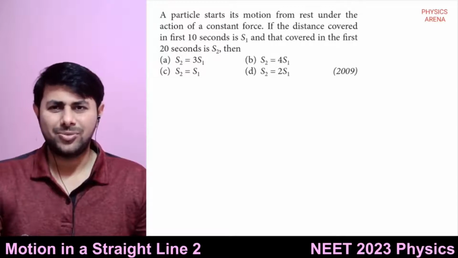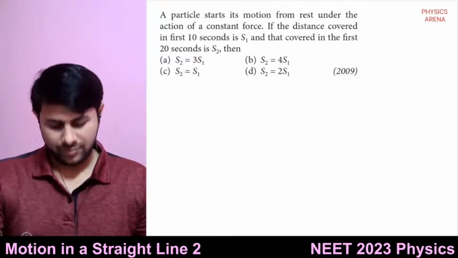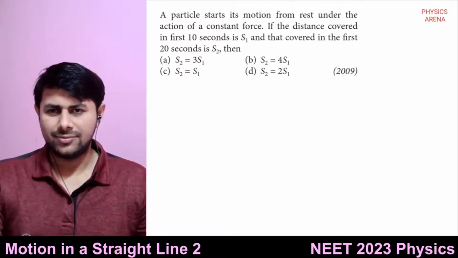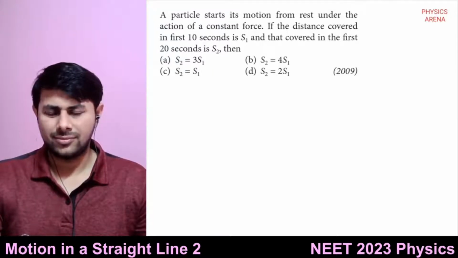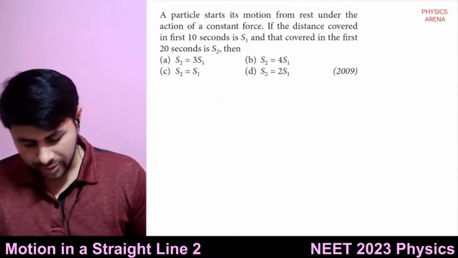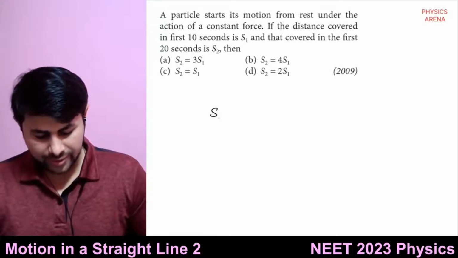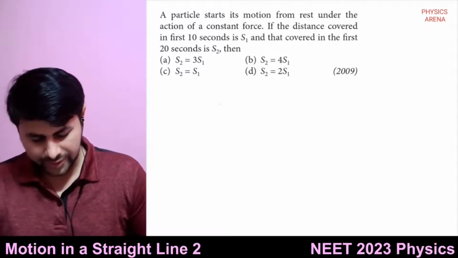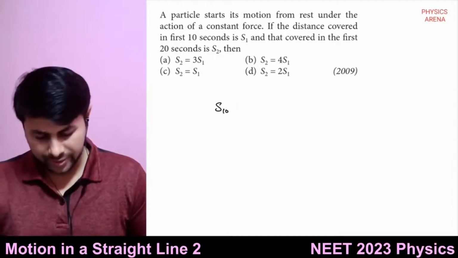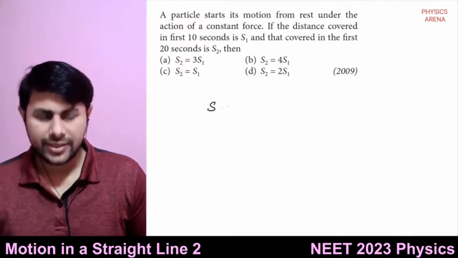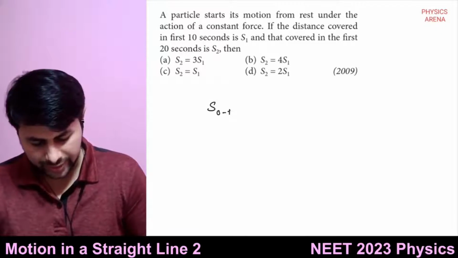Apply Galileo's law of odd numbers. 1:3. Sanjay? Yes, sir, 1:3. See, Galileo's law of odd numbers says that distances covered, let's say, in first 10 seconds, from 0 to 10 seconds.